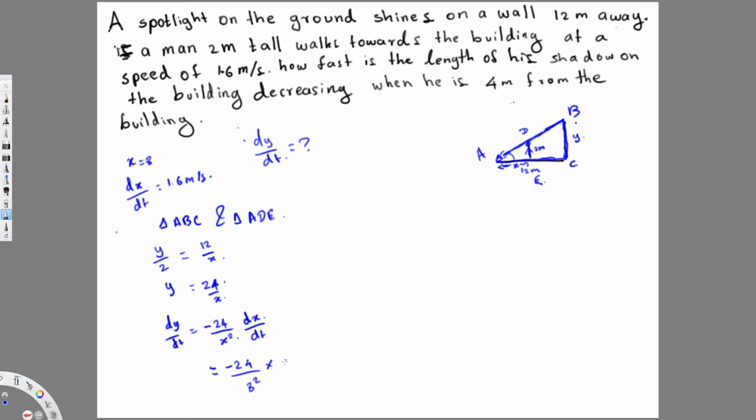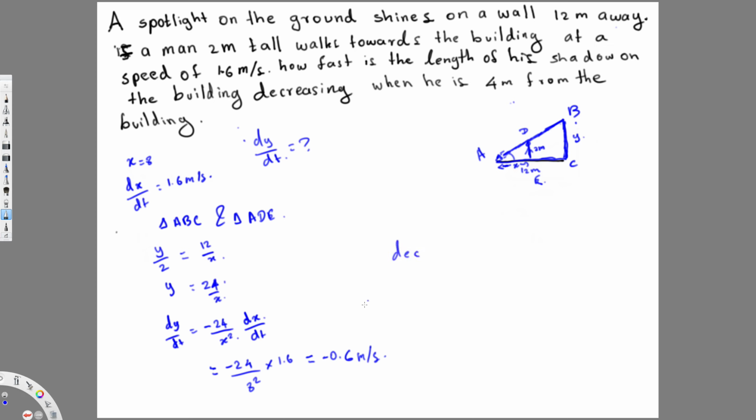We already know it's 1.6, and if I calculate this, I will get negative 0.6, and the unit is going to be meters per second. So the length of the shadow is decreasing at the rate of 0.6 meters per second.